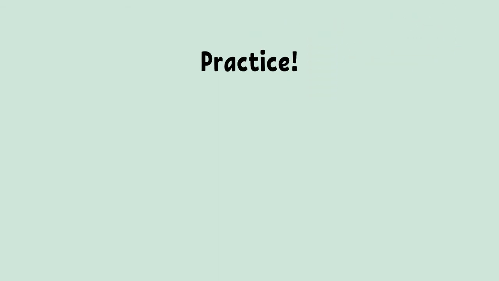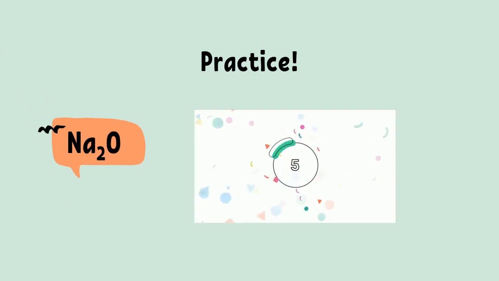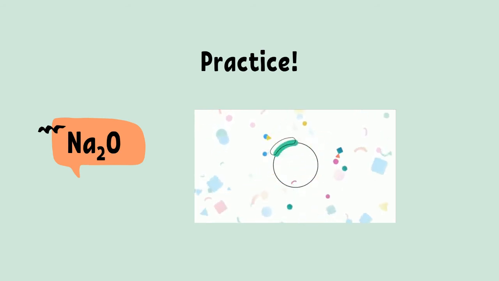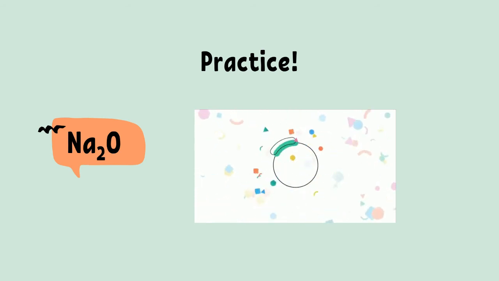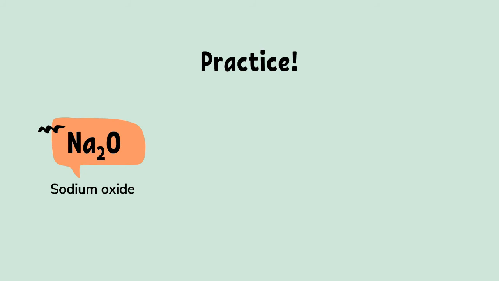Now let's have a practice to see if you really understand the topic that we discussed in naming compounds. Let's have the first example. What do you think is the name of this compound? Okay, that is sodium oxide. If you thought it is sodium oxide, then you're right. Congratulations.